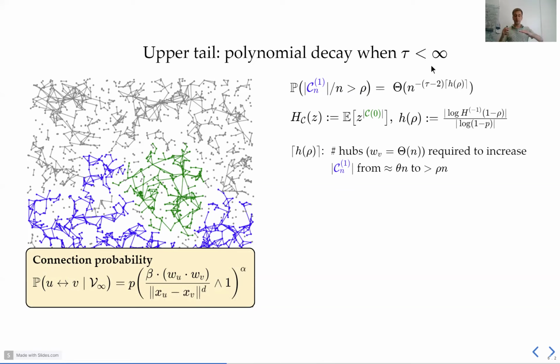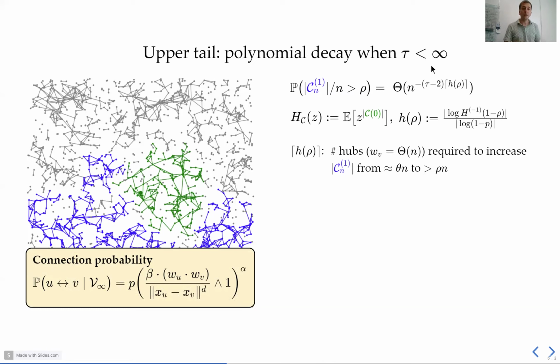So you think of it as follows. Let's first look at the subgraph on lower weight vertices than theta n. Then we have a giant, which is going to be roughly of size theta times n. And then we add the hubs on top and look at all the edges to the graph that was there before. And then the size of the giant increases from theta to rho. And why is this order n weight so important?